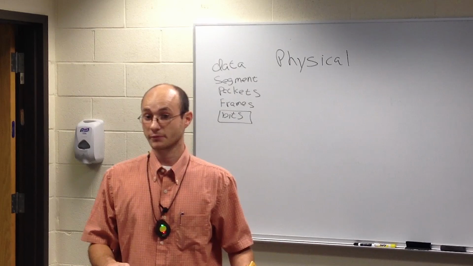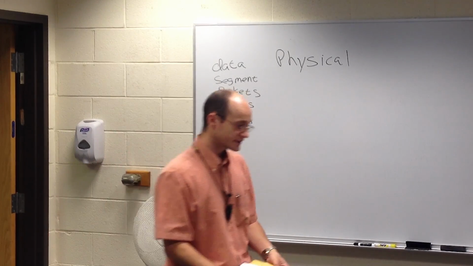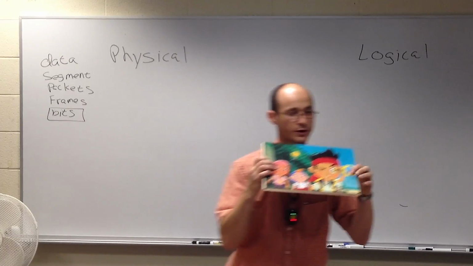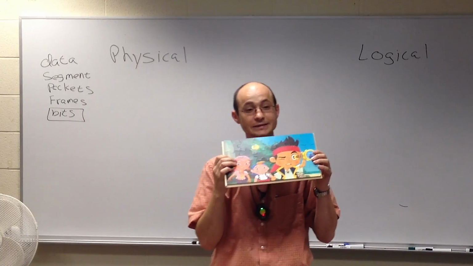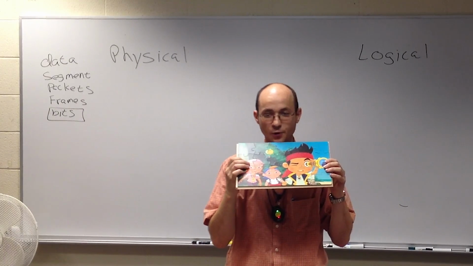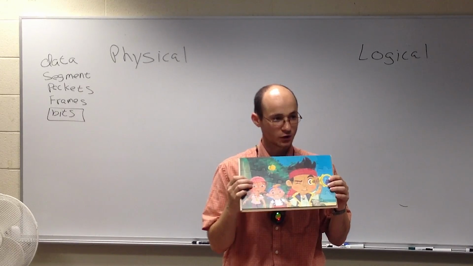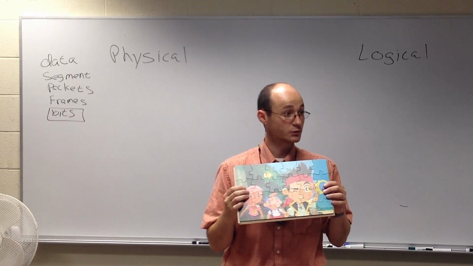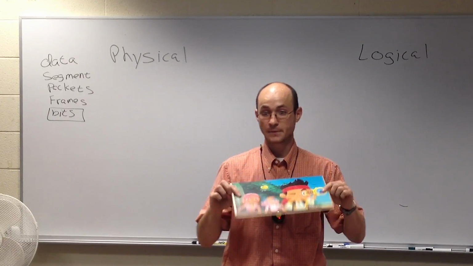Correct? What we're going to try to do is send this puzzle, this picture, if you will, to Dominic. Now, we got to be really careful that we follow the rules. Because if we don't follow the same rules, the message isn't going to get to where it's destined to get to. Okay?